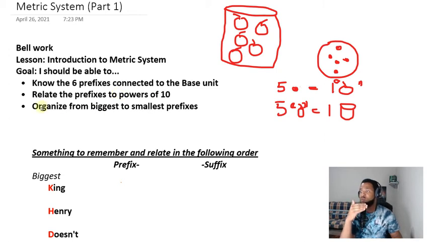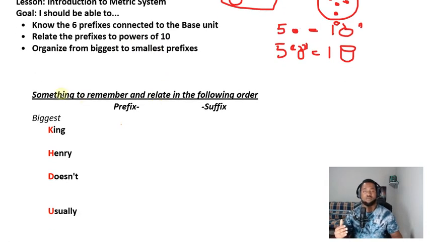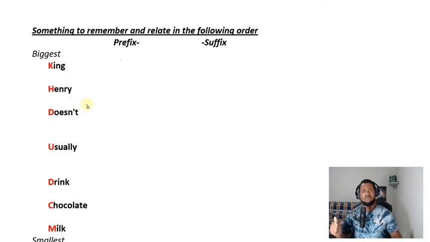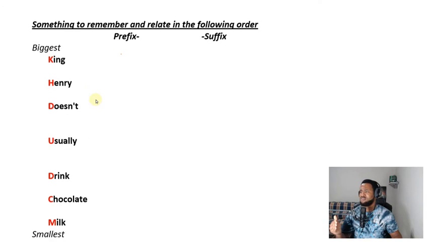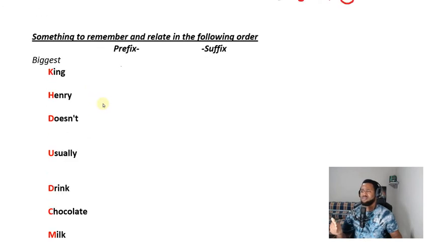And finally here we're going to organize the prefixes from biggest to smallest, and that is where this next step comes in. So please make sure you write something to remember and relate in the following order. In here we're given an acronym, and you might ask why do I need this acronym when I can just remember?